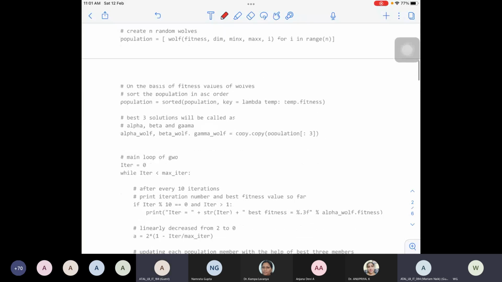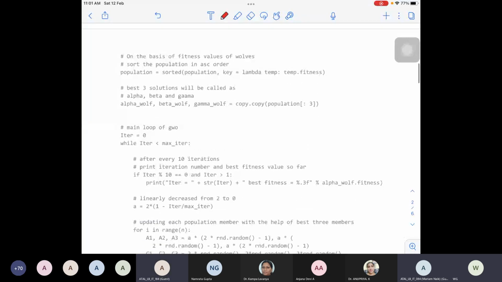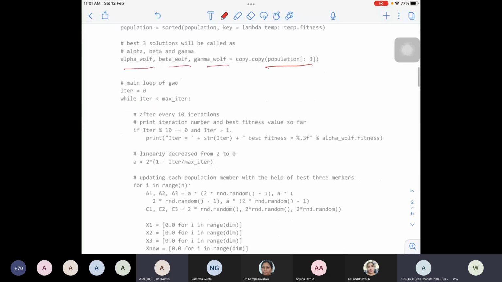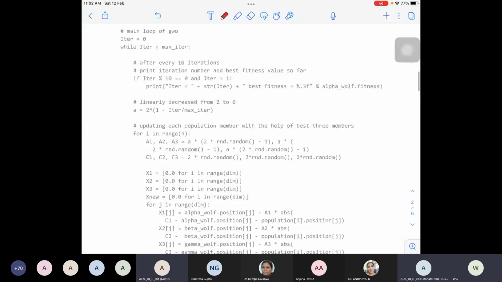Based upon the sorted fitness values, you assign the top three of the population to alpha wolf, beta wolf, and gamma wolf. Then we come into the maximum iteration.